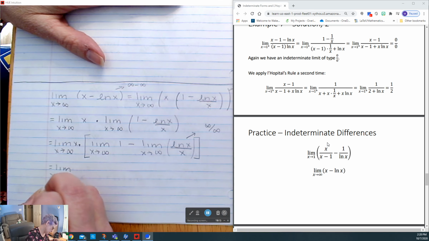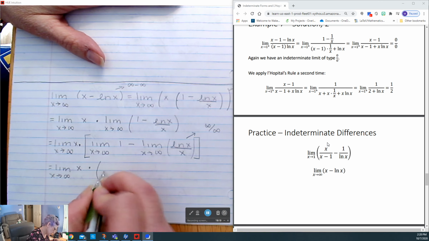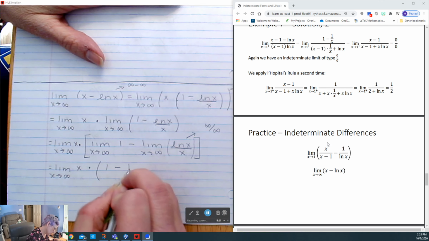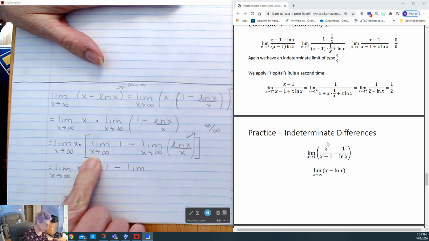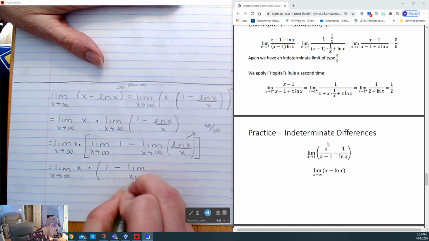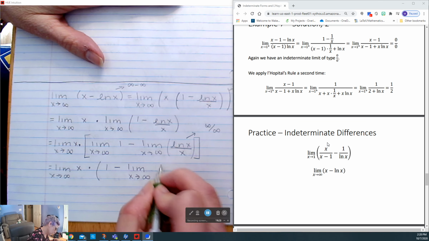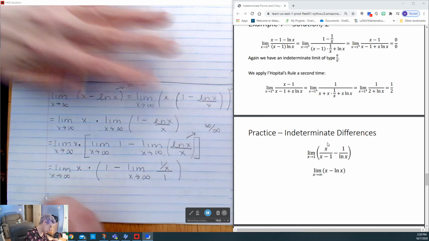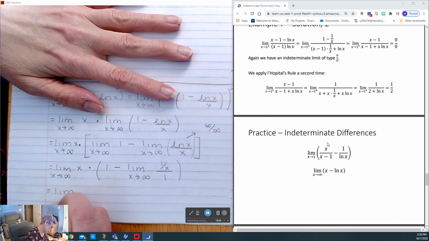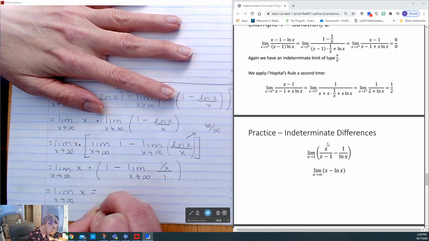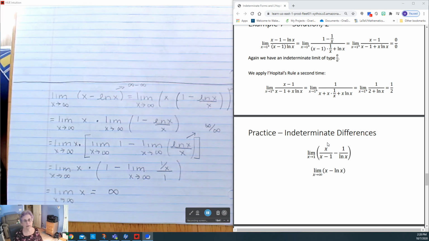Just an x there. The limit as x approaches infinity of x times 1 minus... I went ahead and took that limit as x approaches infinity, 1 over x over 1. The limit as x approaches infinity of x is equal to infinity.